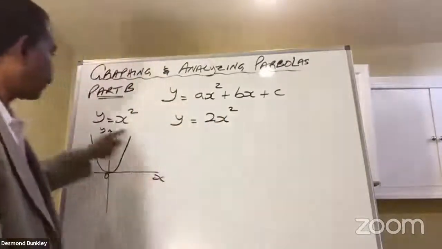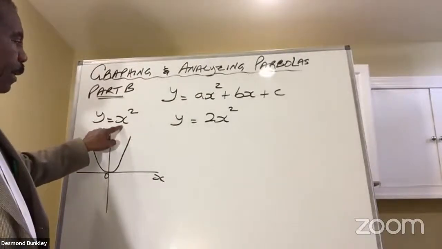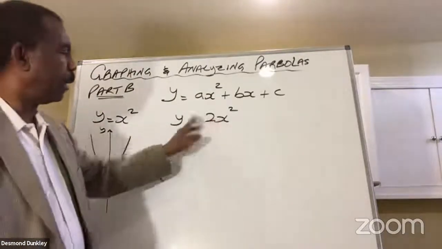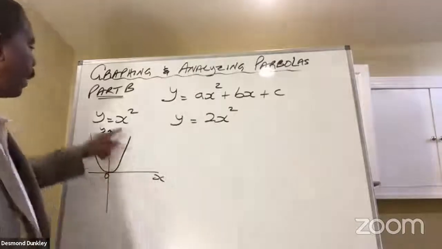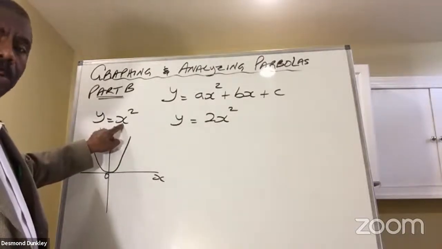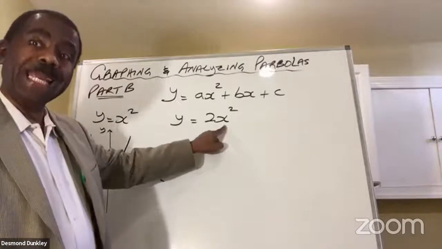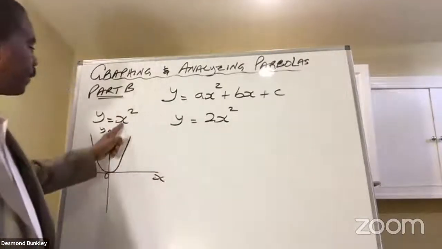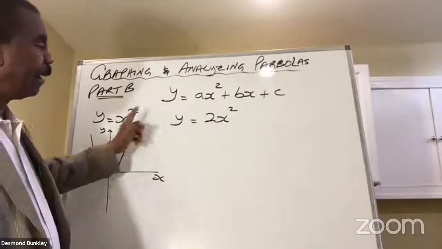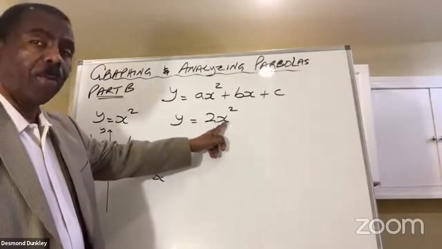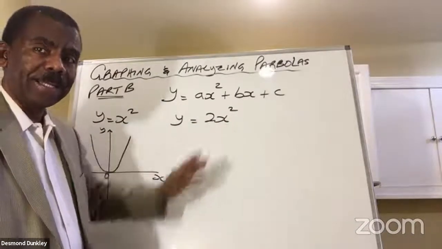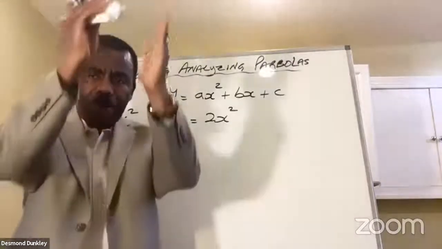For example, when x was 1, y is 1. Now when x is 1, y is going to be 2. When x was 2, y was 4. Now when x is 2, y is 8. When x is 3, y is 9. Now when x is 3, y is 18. So your graph is going to get narrow.